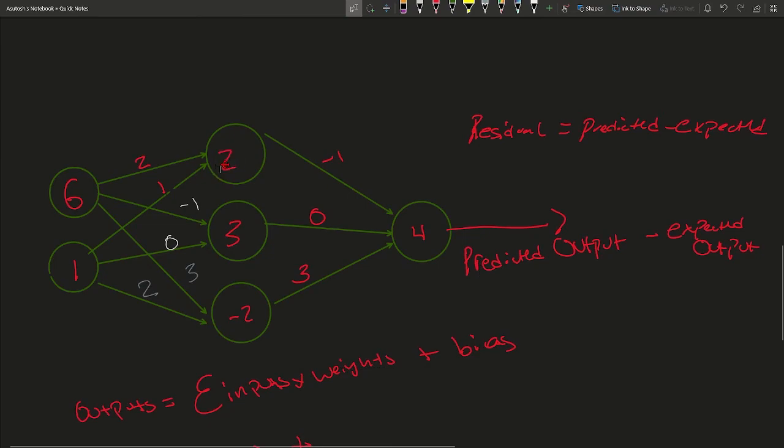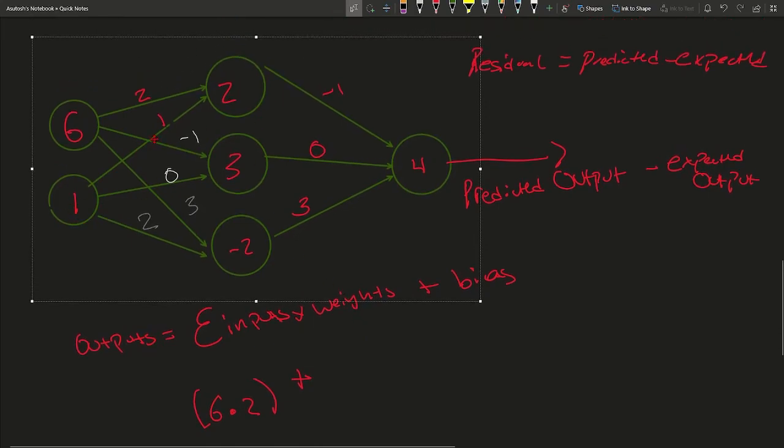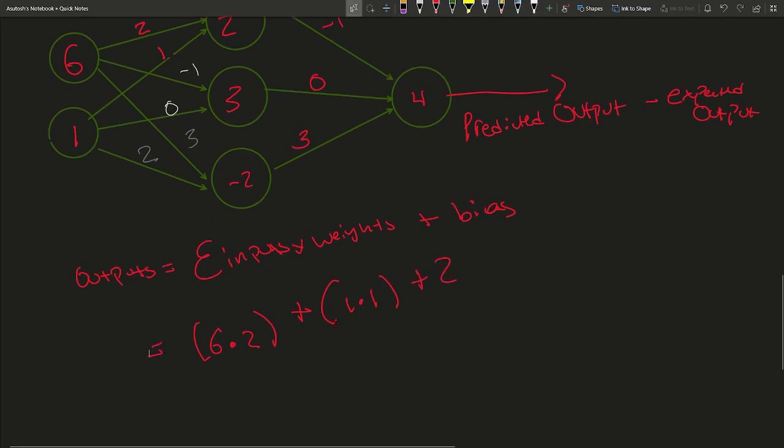We can get different input neurons giving us different input values. So we also have 1 times 1 going into this neuron. So we can add that, 1 times 1. We only have 2 connections, so we only have 2 weights. And so now we're pretty much done with that. We just add 2 to it, equals outputs 1.